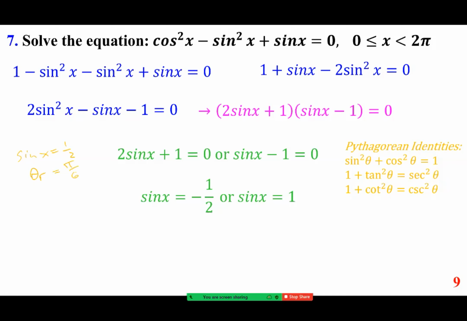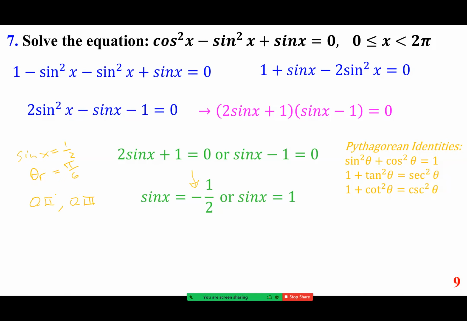right? Because it's negative, sine is negative in the third quadrant and fourth quadrant. In the third quadrant, we add pi.